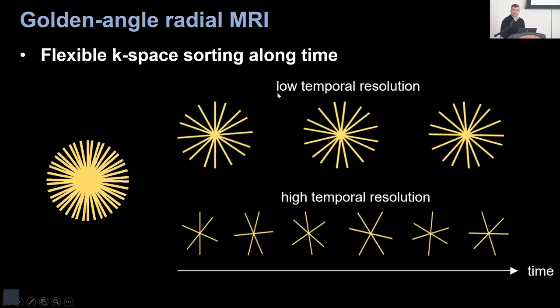For low temporal resolution, you put more spokes per frame; for high temporal resolution, fewer spokes per frame. And if the number of spokes in each frame is one of these Fibonacci numbers, you get uniform coverage of k-space.